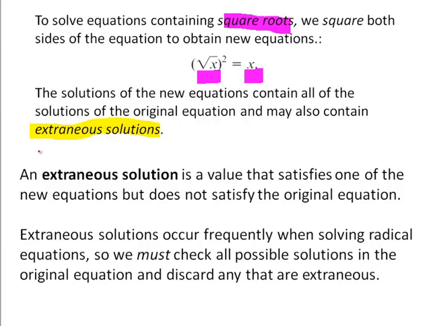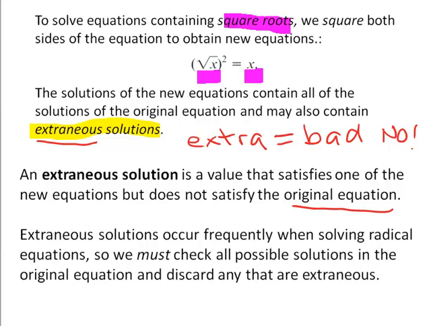The word extraneous means basically extra. You don't want it. An extraneous solution is an answer, but it doesn't actually work for the original equation. So we need to check that for every single problem that we do.